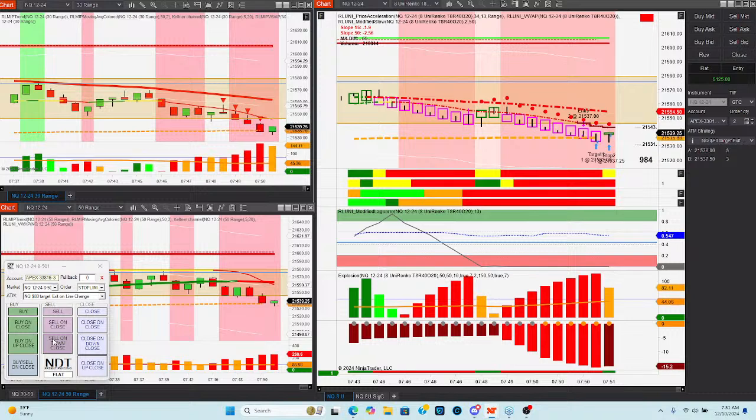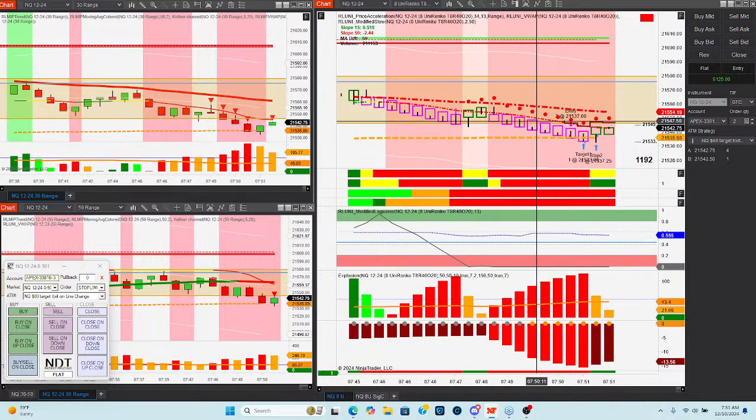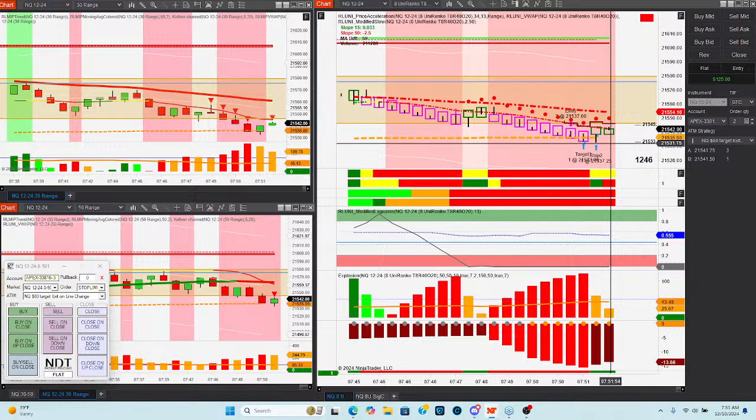You don't usually want to trade into it because you might get a candle beyond it, and then it's going to do a little reversal on you. Okay, we've got a C2 now.